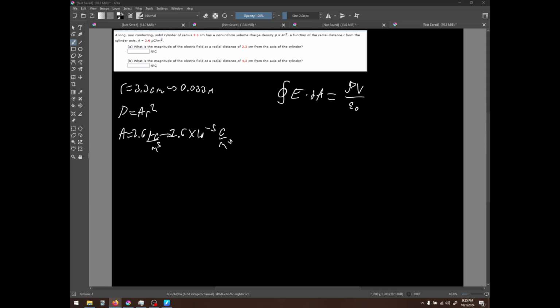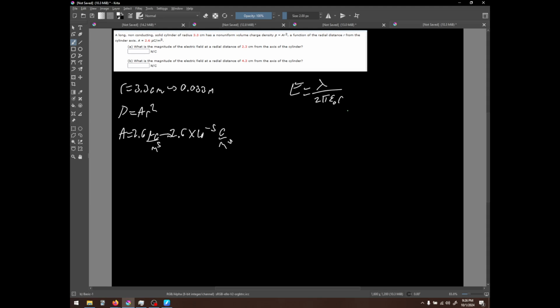What they say, Gauss's law of a cylinder. I'm just going to do Gauss's law of a cylinder and then work from there. Maybe it's the wrong way of doing it, but they say E equals lambda over 2 pi epsilon 0 r. Now we know that r is involved with the density because we got A. We don't know the density.